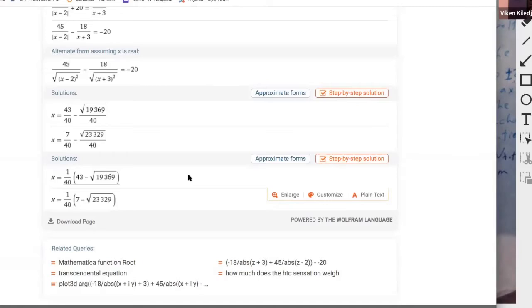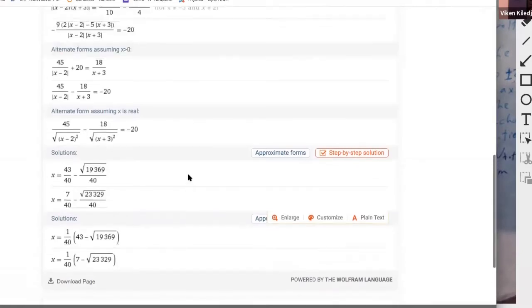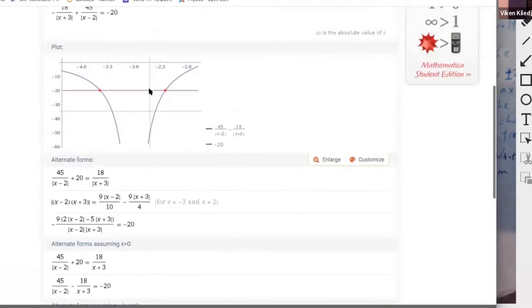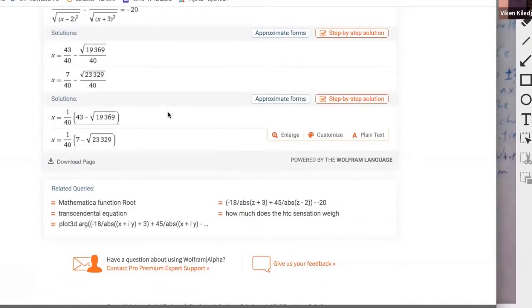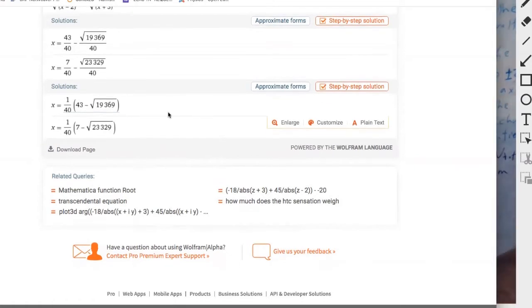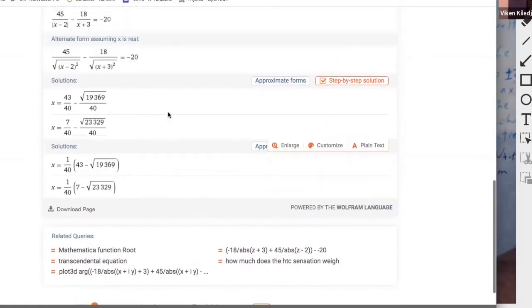Well, don't tell me I have to calculate that. Give me a decimal answer. Professor, maybe if you click approximate forms, it might give you the number. What do you mean?